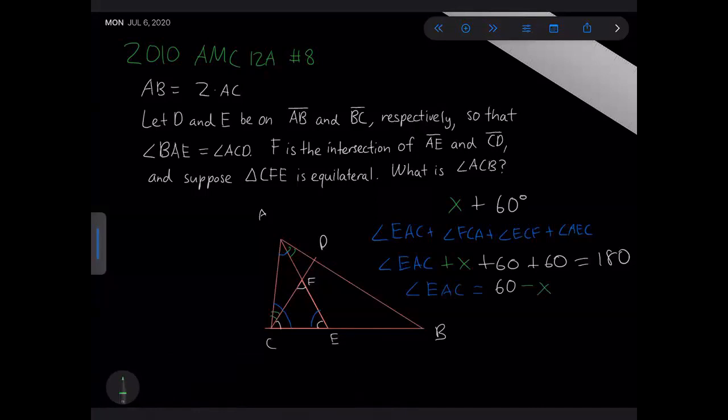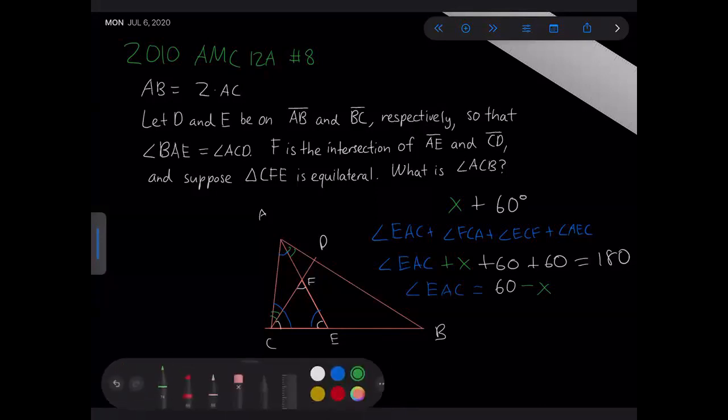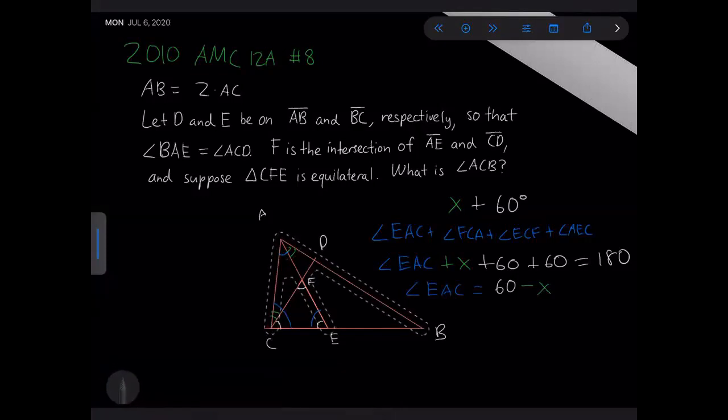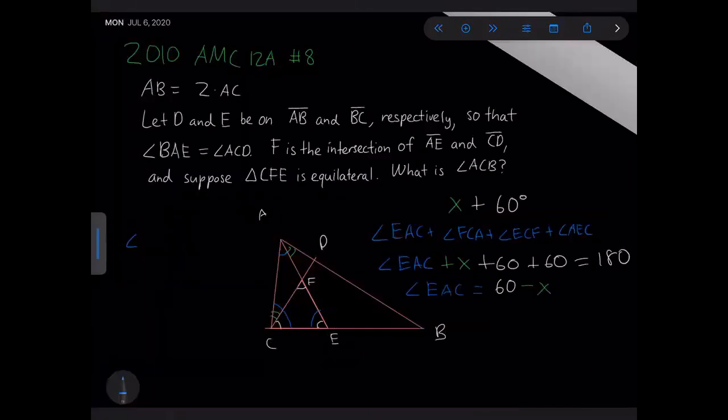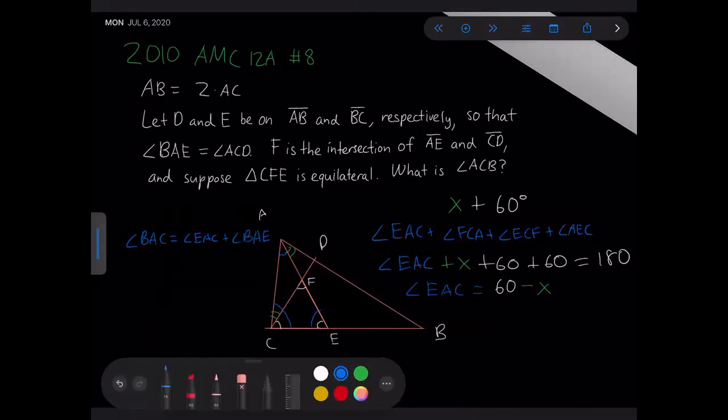So remember, we wanted to find angle ACB. So angle BAC, which is this angle right here, is equal to angle EAC plus angle BAE, which is equal, if you take a look at this, to 60 minus X, because we know what angle EAC is.